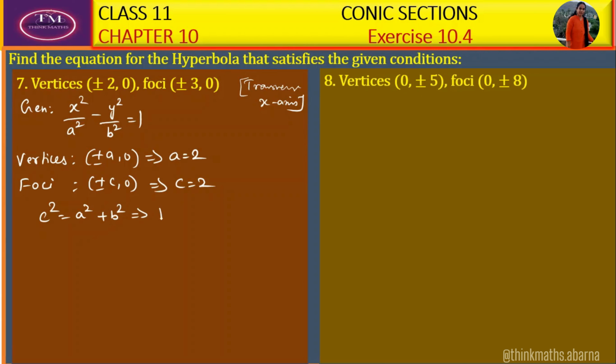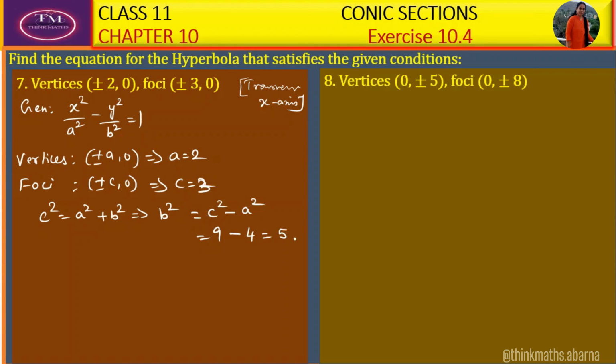Keeping b square on one side, bring a square here. It will be c square minus a square. So c square is 9 and a square is 4. 9 minus 4 is 5.